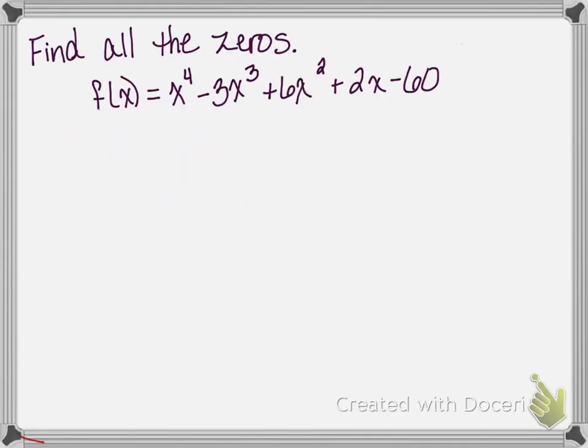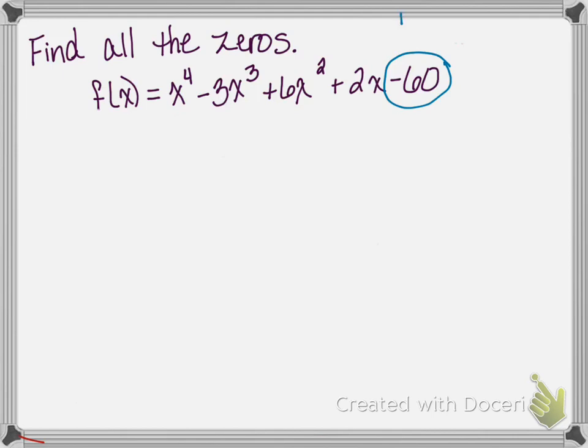Now what I want you to do is I'm going to give you 3 minutes. I want you to find all the zeros to this. Remember, if I don't know what to start with, I start with factors of this right here.